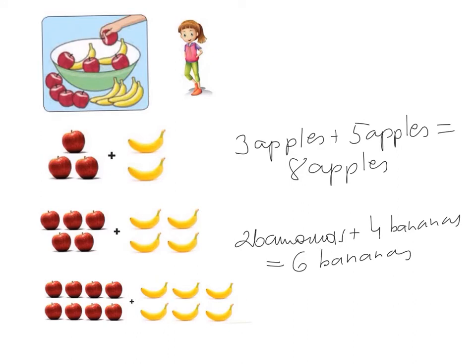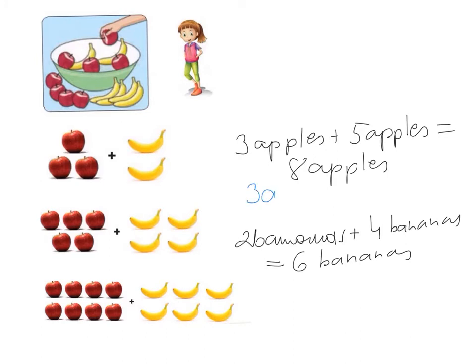But in maths, as you know, we use symbols. We don't write down full sentences, okay? So instead of writing down apples, bananas, pears, chickens, birds, whatever, we can just write down the first letter.